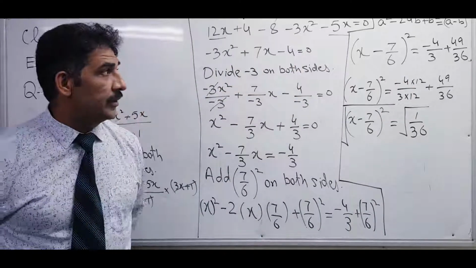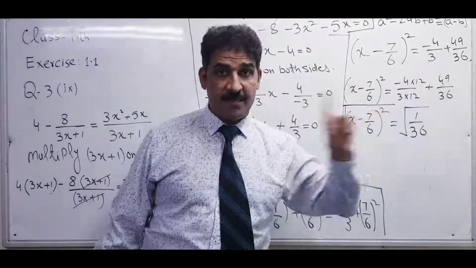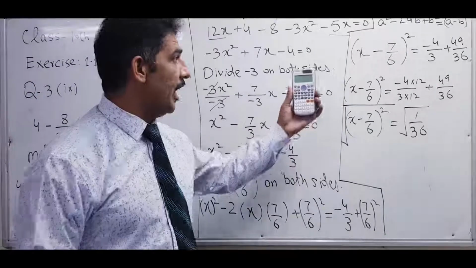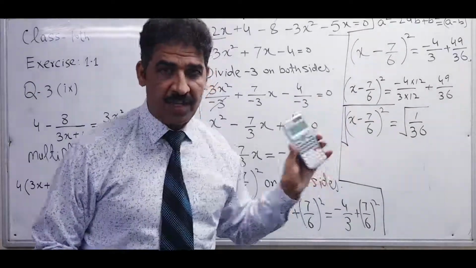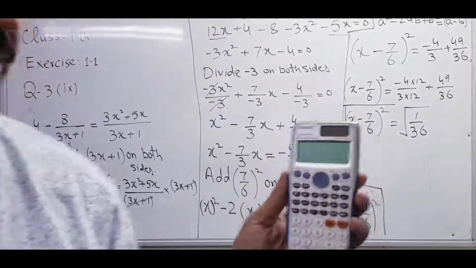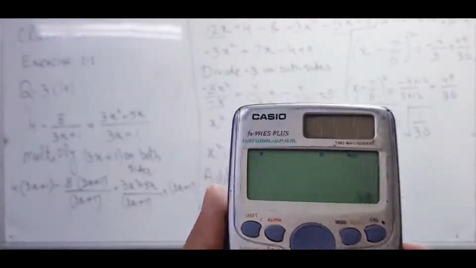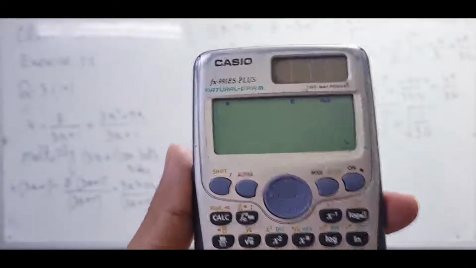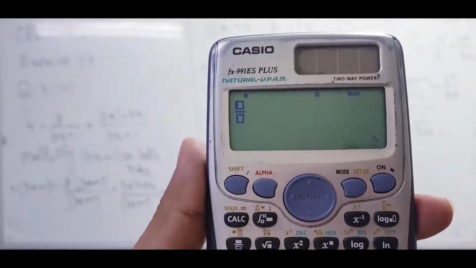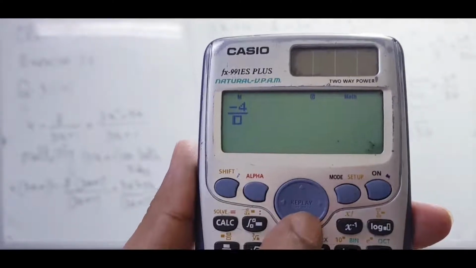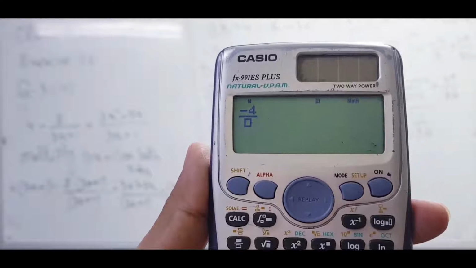If this procedure is confusing you, then I already told you how to use the calculator. Directly, when you solve that one, you have to press the fraction button, then write minus 4 over 3, right?